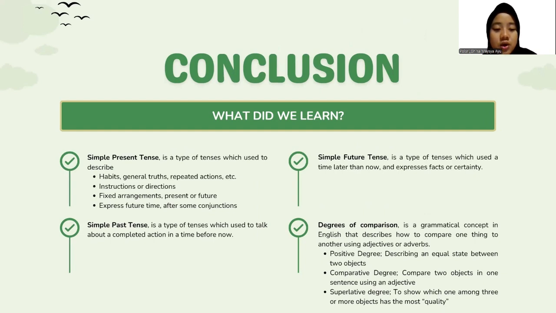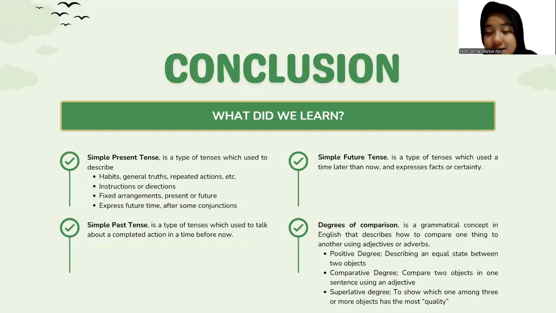And then we also talked about simple past tense, which is the type of tense we use to talk about things in the past or something that was already completed in a time before now. And the third one, we have simple future tense. It is a type of tense used for a time later than now and to express facts or certainty.